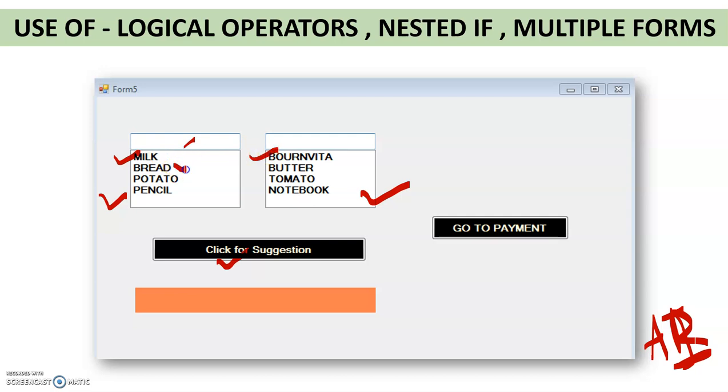Because I have selected bread, you can go for butter. So, matching items. After selecting the items for my cart, I can click on the go to payment option to make the payment. This will redirect me to another page or another form. So this is the idea. Now let's see how to do the coding.